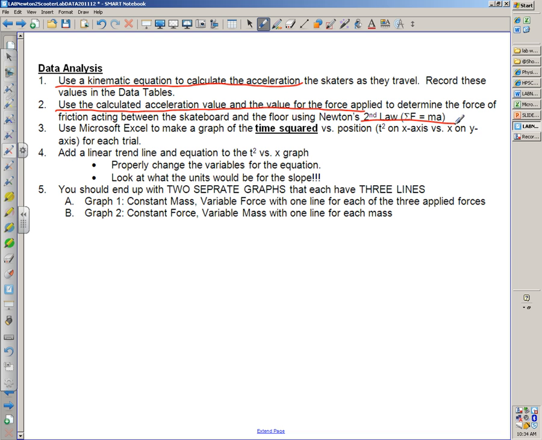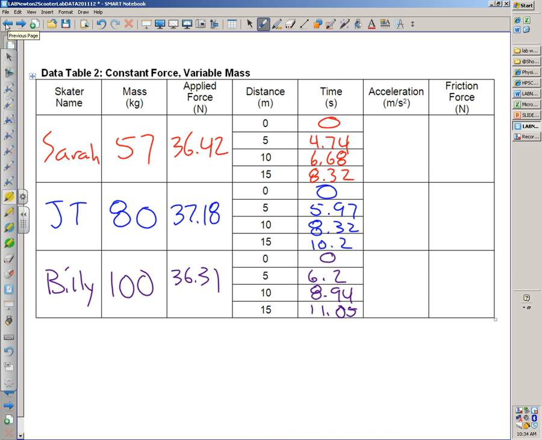Okay? First, time squared versus position. For each person that was skating, you have distance values and time values, right? You've got these distance values here, you've got these time values. For each person that was skating, you have 4 distances and 4 times.